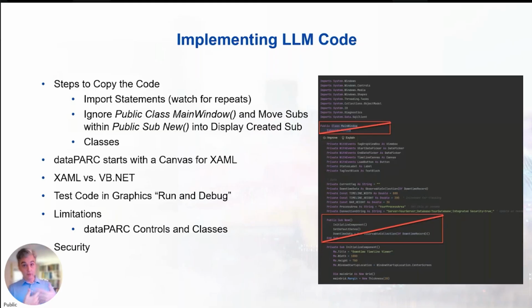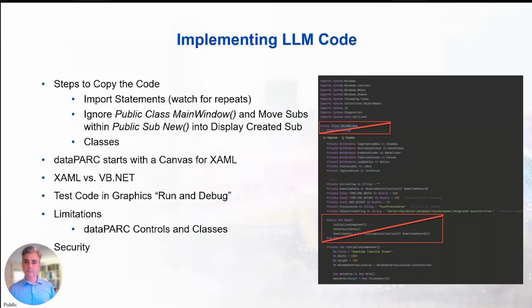Also, when you tell the LLM, I'm creating a WPF application with VB.NET code behind, it will often give you the entire VB.NET code required in something like Visual Studio. So it will have things like a public class MainWindow and a public sub new, because those are necessary parts of a full application. Well, those things or their corollaries already exist in the code behind of a Park graphic.